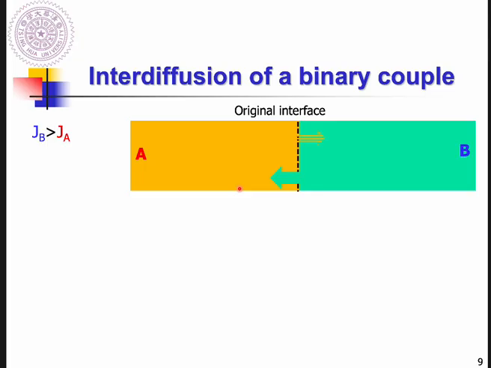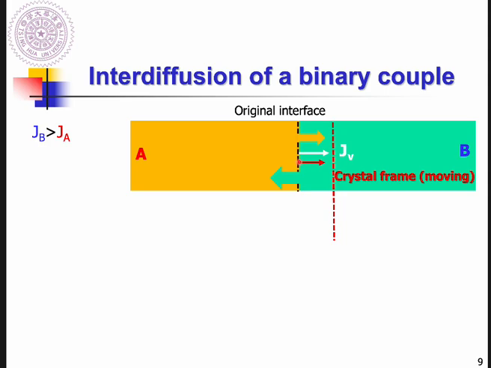Due to net flux equal to 0, we have a vacancy flux moving to the right-hand side. And the second result is, due to JB larger than JA, more B moves to the left-hand side, which will push the interface to move to the right-hand side. So you have the interface move to the right-hand side.